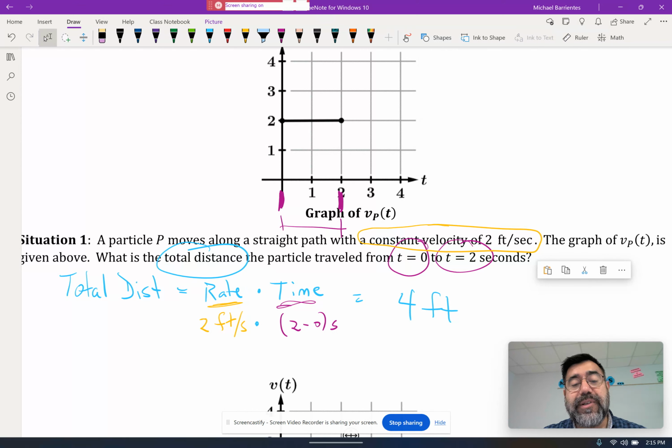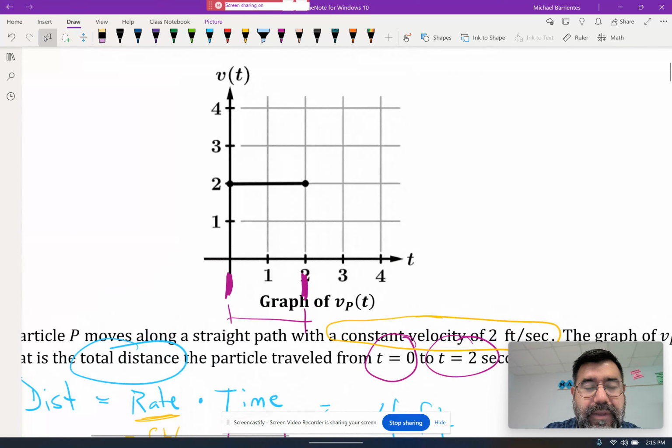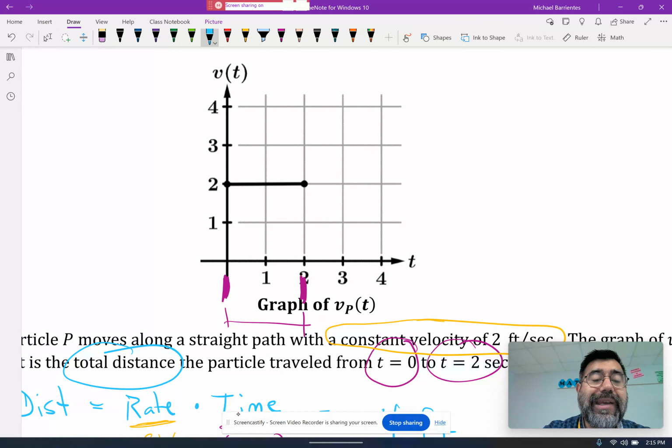But here's what I want to focus on. This formula that I wrote in blue that produced the correct answer, really, if you focus on the graph, the rate is represented by the y-axis. And the time is represented by the x-axis. And what I'm doing is I'm multiplying this vertical axis times the horizontal axis.